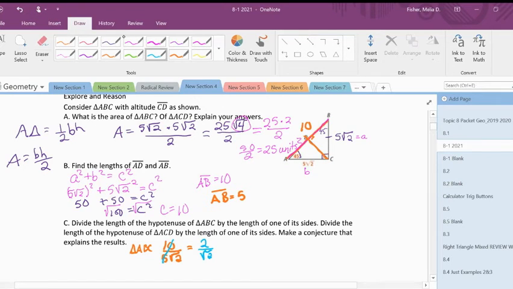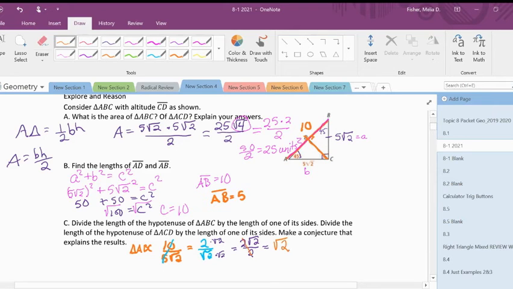And then, of course, we need to rationalize that denominator. So we're going to multiply the top and bottom times the square root of 2. And we get 2 square root 2 over 2. And then that reduces and gives me just the square root of 2.